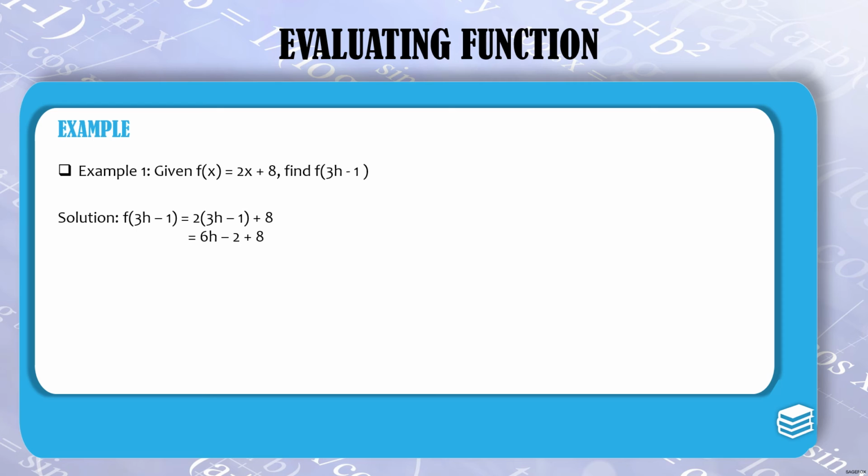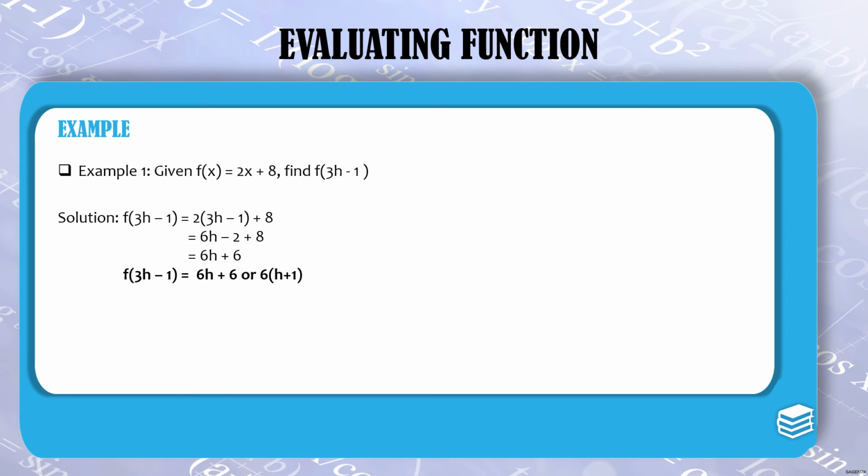Ano lang ba yung mga mapagko-combine natin? Ito yung may same variable. Si 6h wala naman kaparehas ng variable. Nag-iisa lang siya na may variable, which is 6h. Ang common term natin is negative 2 plus 8 kasi parehas silang constant number. Pag addin sila or pag minusan, dahil magkaiba ng sign, we have 6h plus 6.